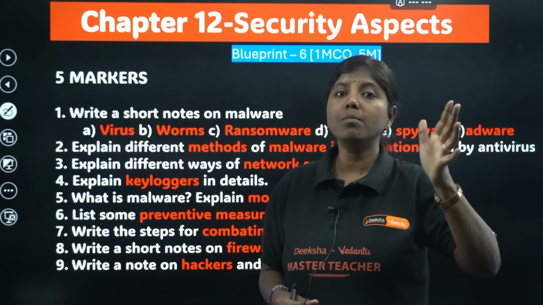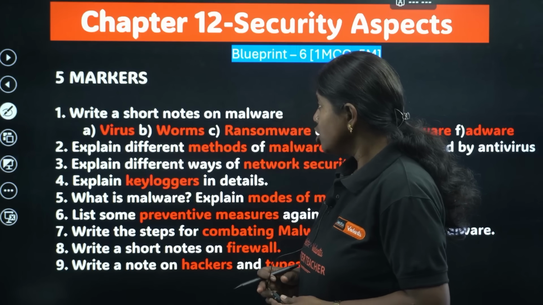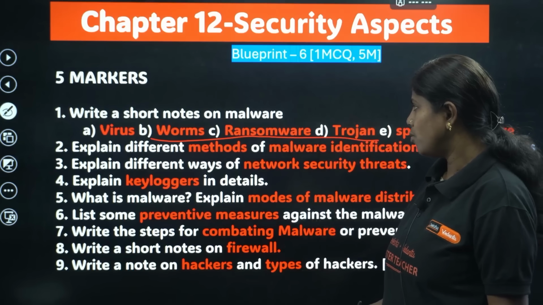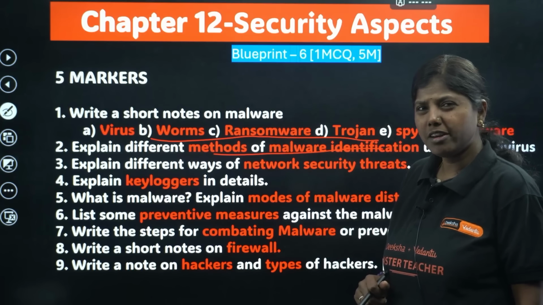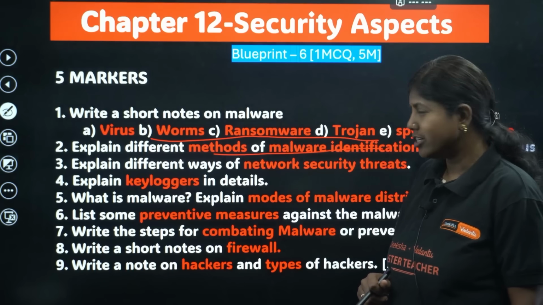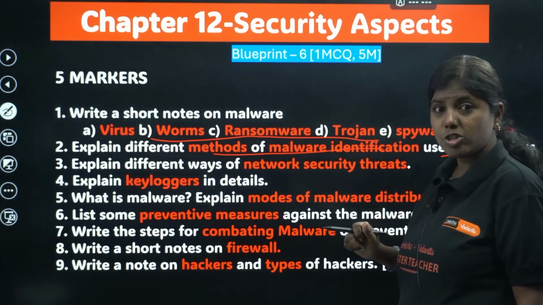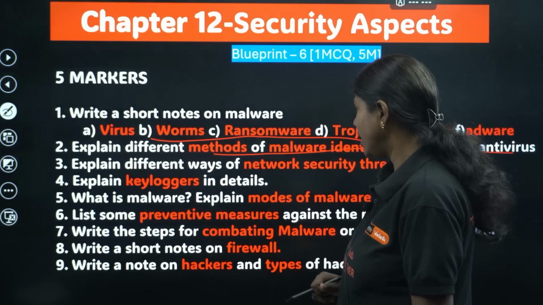So learning about different types of malware is very, very important. You need to study all the different types of malware and methods of malware identification. What are the different methods? By antivirus, signature based, sandbox detection, like that you have to write it.